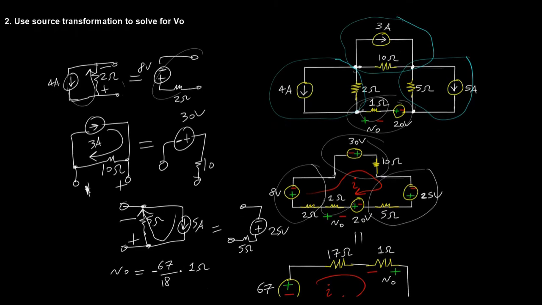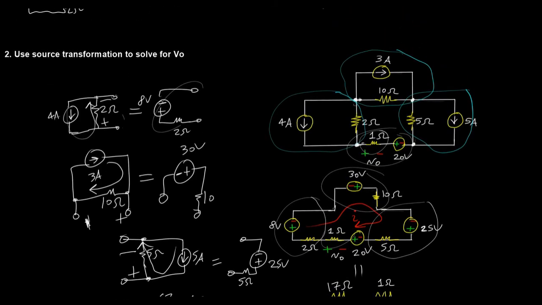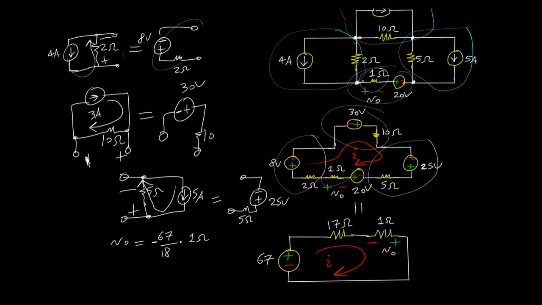Now, if I go further, recall that for a given mesh, the order of the voltages doesn't matter, so long as you keep track of the signs and do it carefully. So if you look here, I assign a mesh current flow direction, and I just make sure that everything is kept track of.